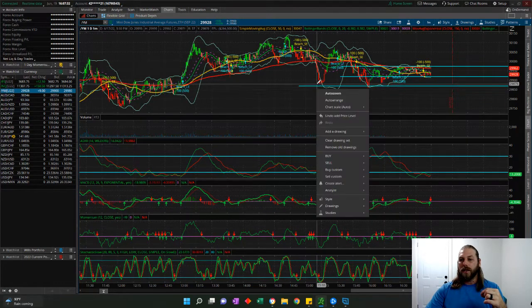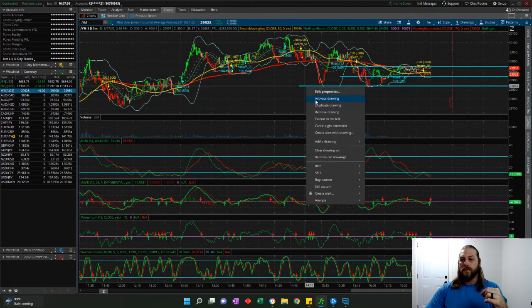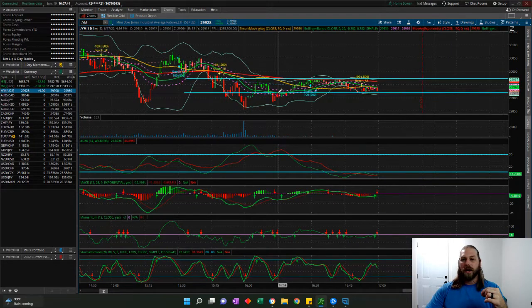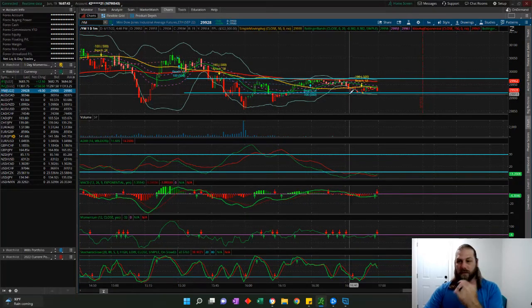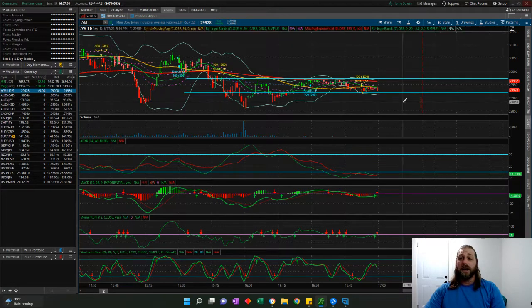So the easiest way to do that is to remove some of the old stuff and draw your new lines. You can see I basically got a top and a bottom. I based the bottom off of this one right here. Why not these? Because that is no longer relevant in the play right now, as we have this full reset.